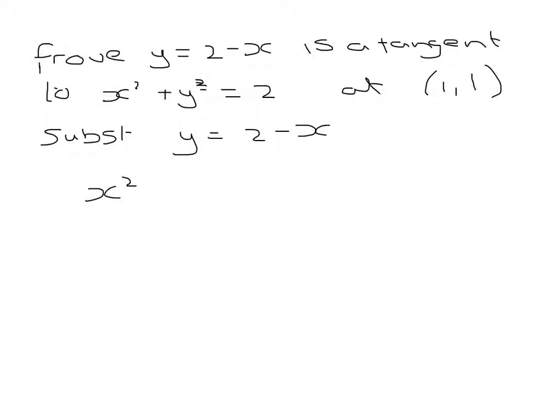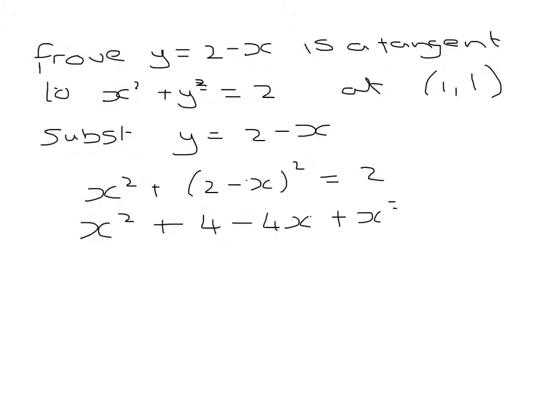So that gives us x squared plus, now instead of y squared, we've got 2 minus x all squared is equal to 2. And remember, it's the bracket squared, not each term.